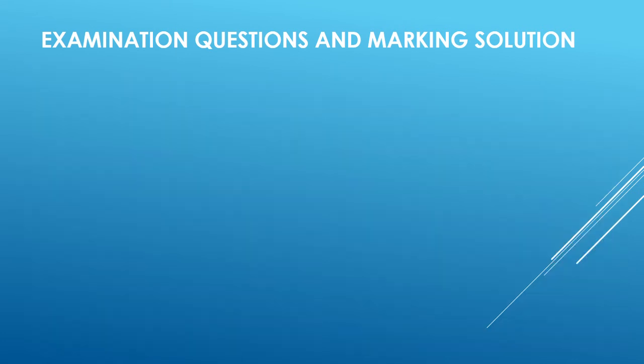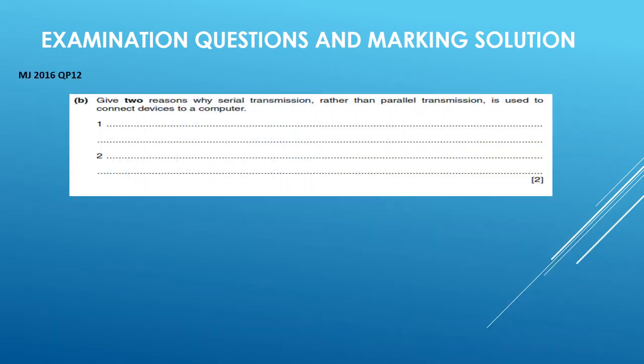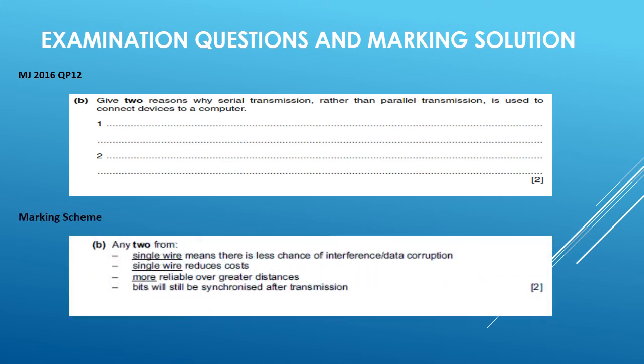Now let's see the B part. It asks, give 2 reasons why serial transmission rather than parallel transmission is used to connect devices to a computer. Okay, you need to write 2 reasons for that. Like, a single wire means there is less chance of interference or data corruption. A single wire is also used to reduce the cost, and it is more reliable over larger distances.